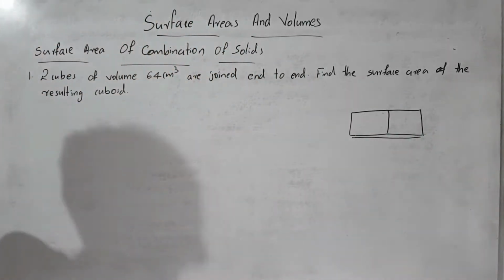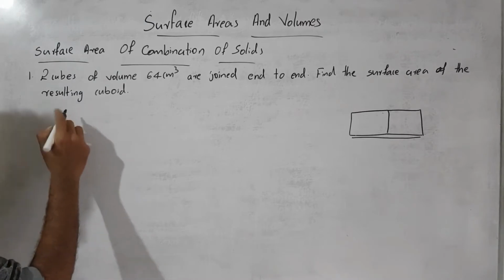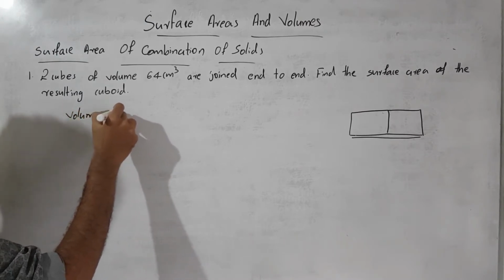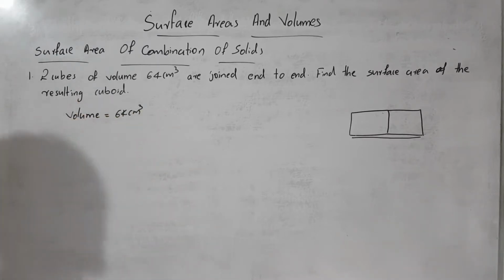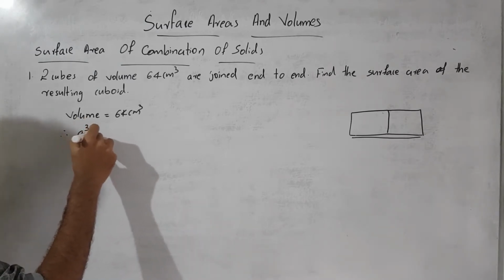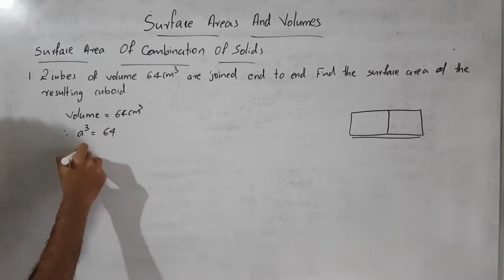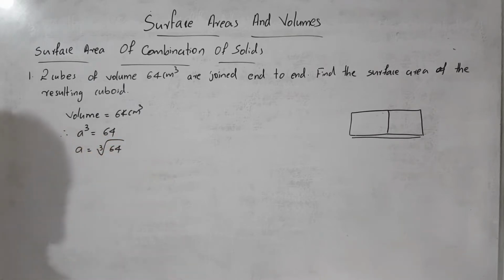Then we start like this. Given: volume is equal to 64 cubic centimeter. Therefore a cube is equal to 64, so a is equal to the cube root of 64.